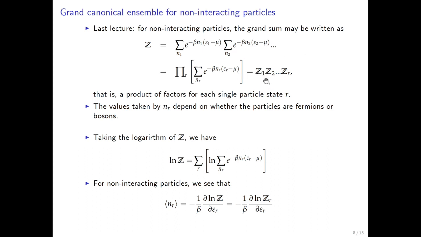And of course, if the logarithm of the grand sum has this form, a sum of different terms, then this derivative is only going to select out the term that we called Z sub r here, the particular term within r. And so we only have to take the derivative with respect to the partition function for the state r. So we only get the one term there.